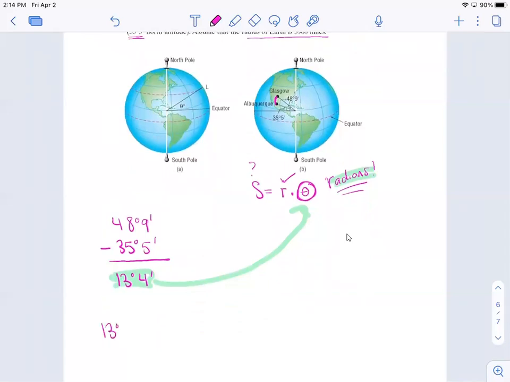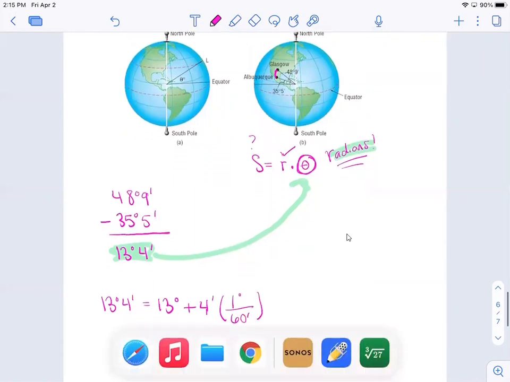So, 13 degrees and 4 minutes. Well, let's just use everything we've learned in today's lesson. I'm going to convert this to a decimal: 13 degrees plus 4 minutes, and I'm going to multiply that by 1 degree over 60 minutes.